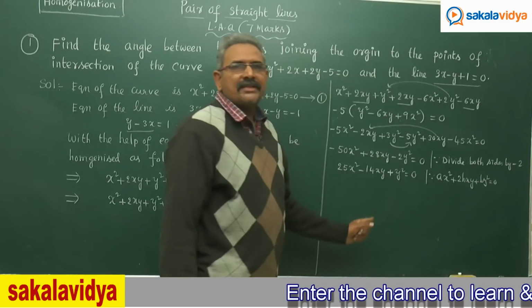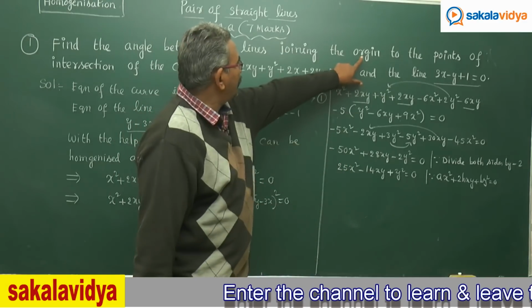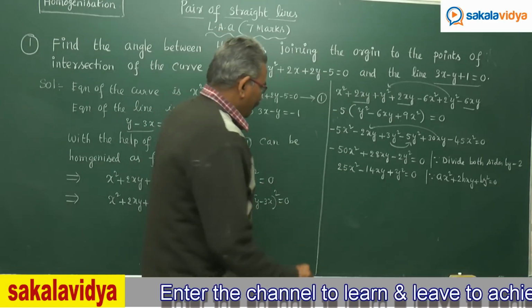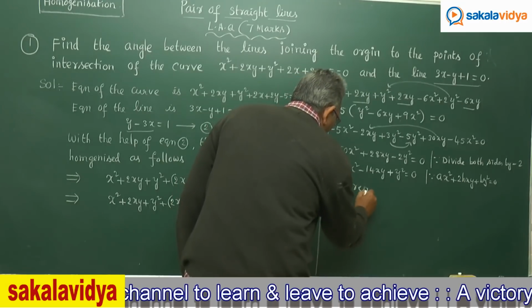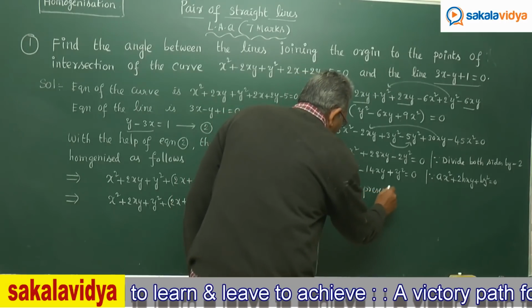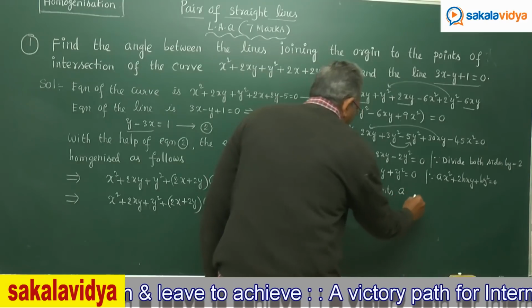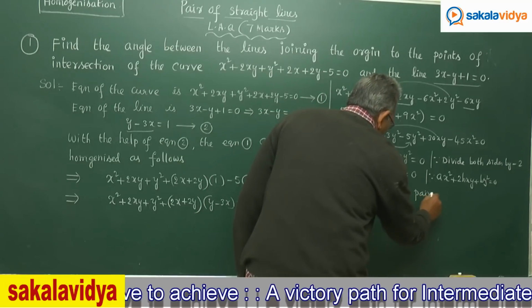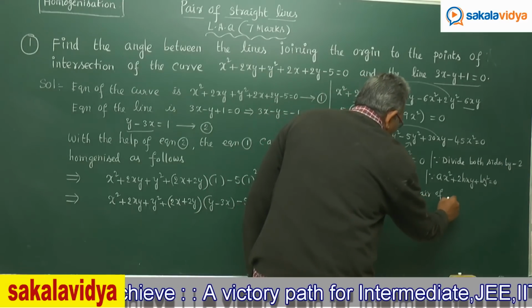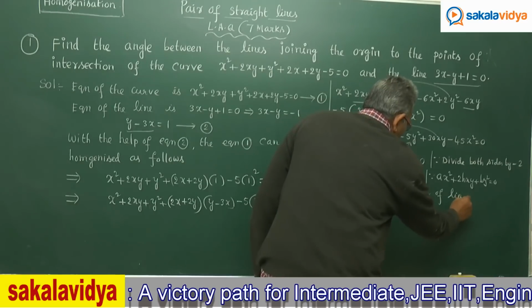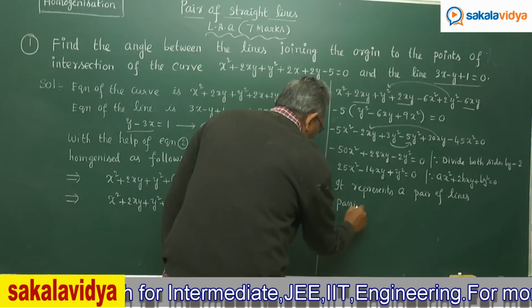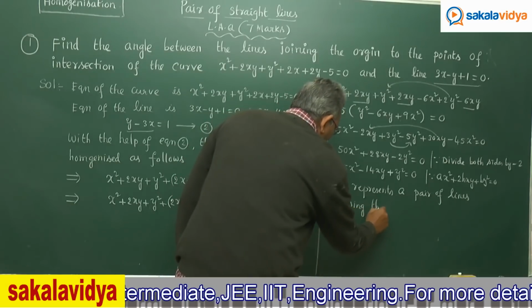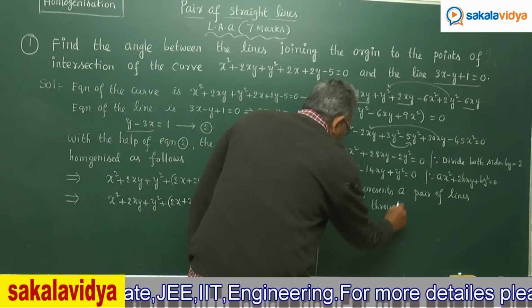It represents a pair of lines passing through the origin itself only.